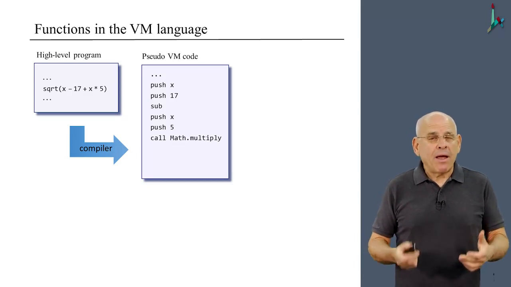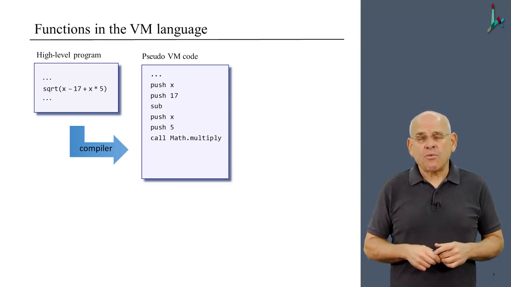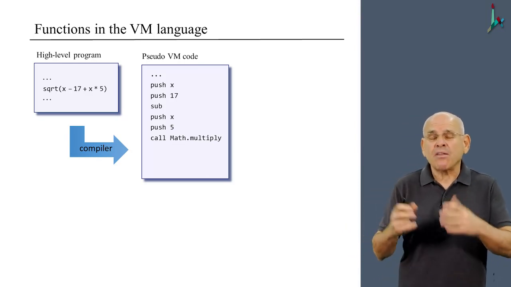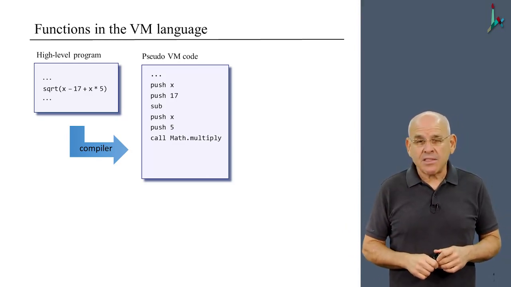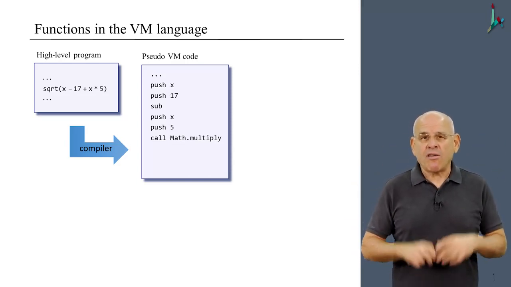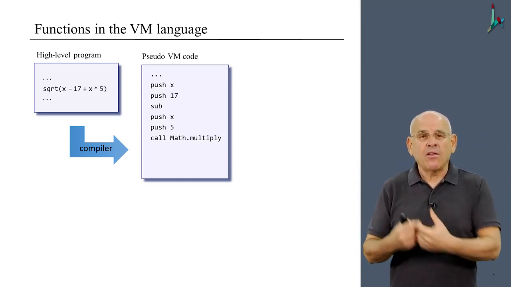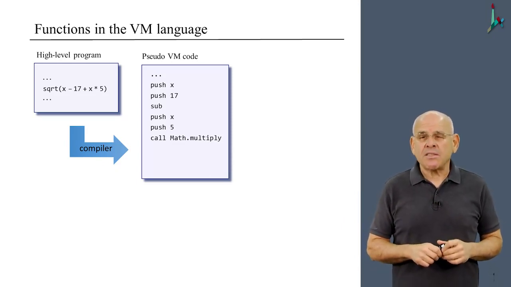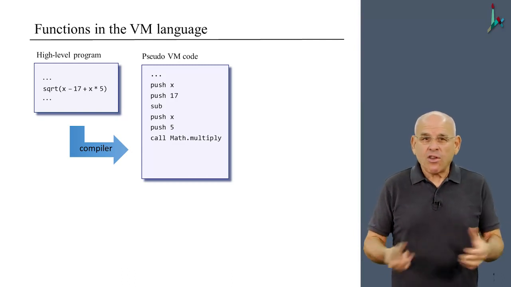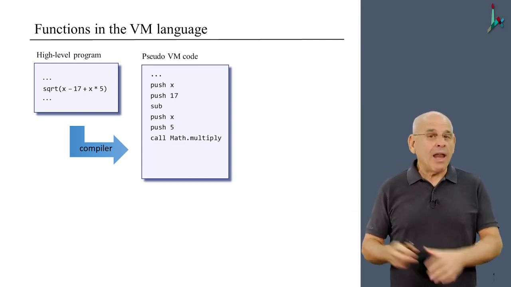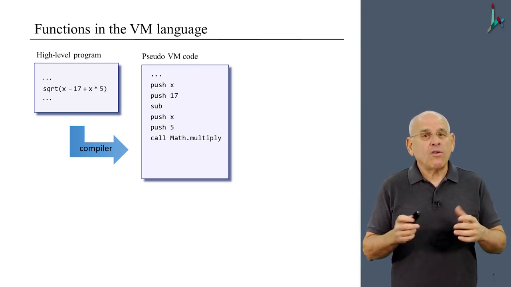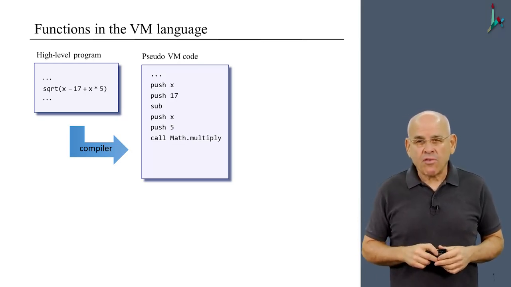And math.multiply is a function which resides in a class called Math, which is part of the operating system that surrounds our virtual machine. So our virtual machine is allowed to interact with this operating system, and because multiply is not part of the VM language, we are lucky to have a multiply method that knows how to compute the product of two numbers.